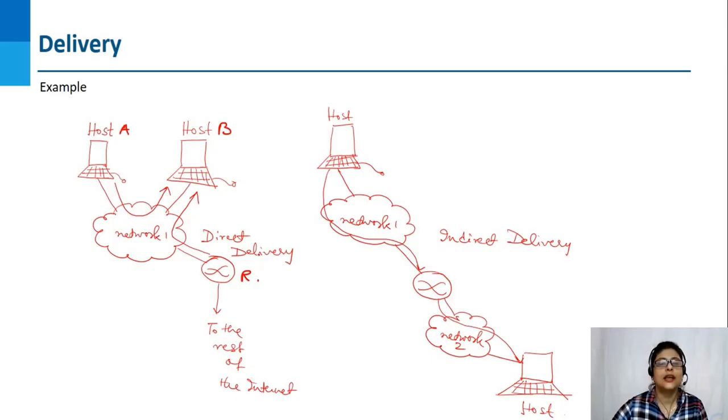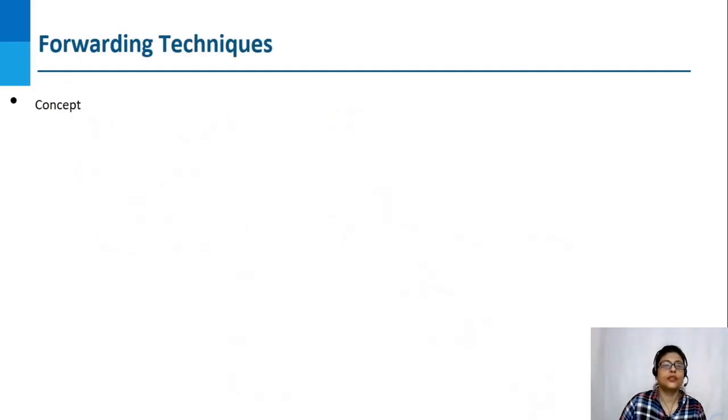So this is the direct delivery part. Regarding the indirect delivery, if there is a host A here and another host B, here we have a network 1. Through the network 1, the host A delivers the data to the router and from the router to another network and finally to host B.